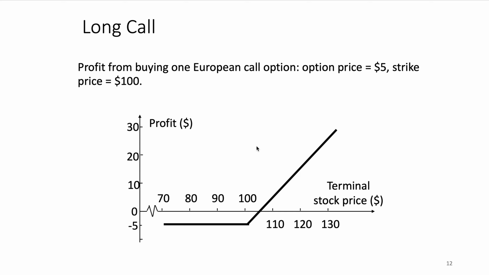Now, if the question asks you when you will exercise, as long as the stock price is higher than the 100, for example, if the market price is 101, do you exercise? Yes, because you can make a profit. The market is 101, you pay the 100, you make $1. That $1 is a profit.